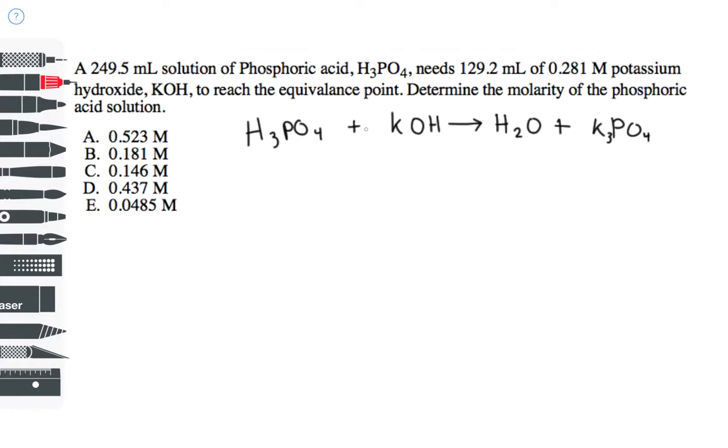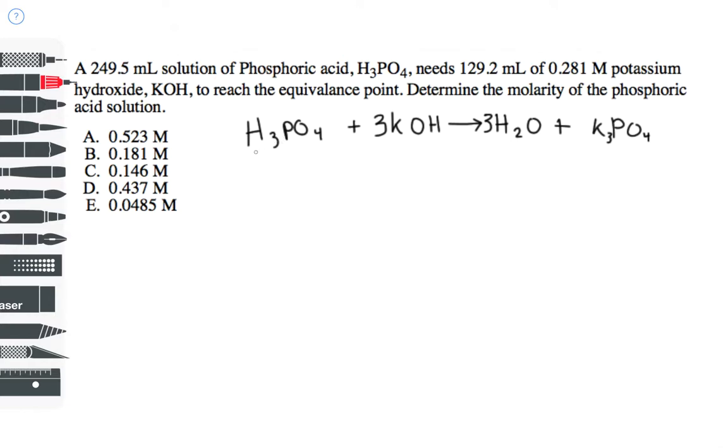Right now we have to balance this equation. We have 3 potassiums, so we can put a 3 right here, and we could put a 3 right here, and that would be balanced. Let's check it.